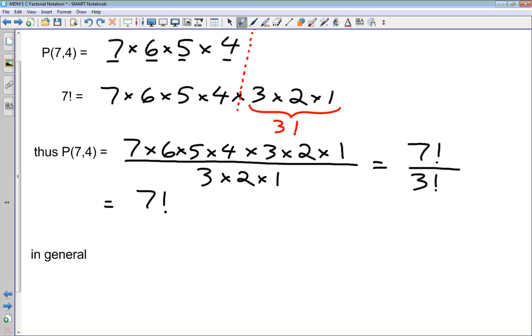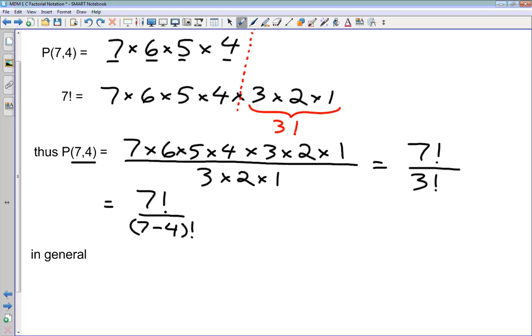Now, how does that relate to the numbers we were given at the beginning? 7 goes right up in the numerator as 7 factorial, and this 4 here is 7 minus 4 down in the denominator, which gives us our 3 factorial.